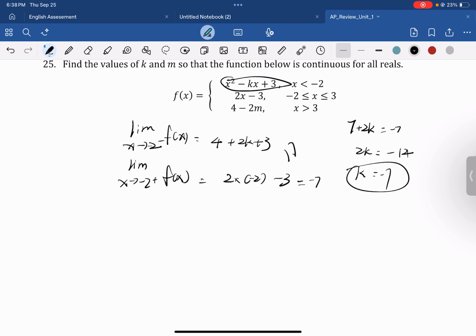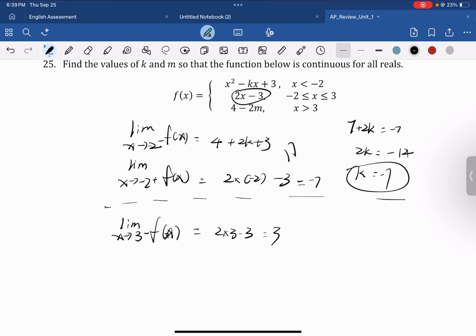Next we have to find the value of m. So 2x minus 3, so the 3 this time is the boundary. The limit as x approaches 3 from the left-hand side goes to the middle function, which is 2 times 3 minus 3, which is 3.